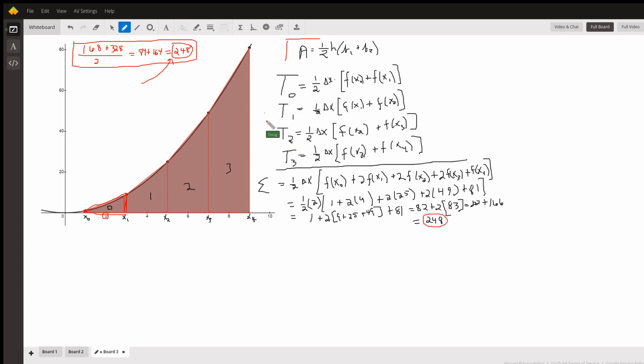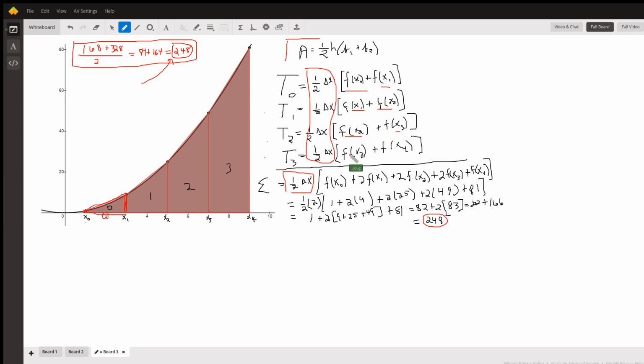And if we follow that pattern for the other 3 trapezoids, and then take a glance at what happens when we add these all together, all of these areas contain the factor 1/2 delta x, so I can factor that out and just add these f of x's.